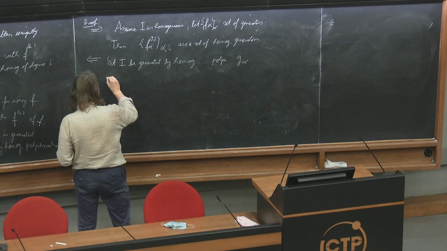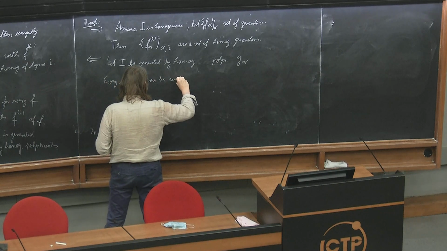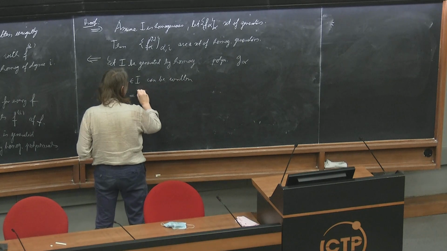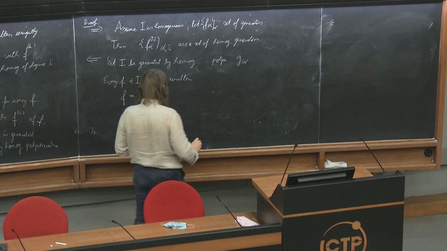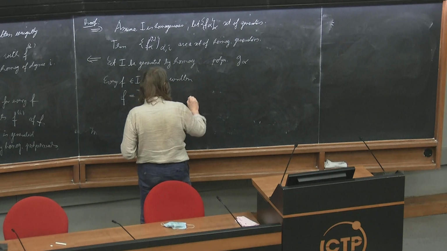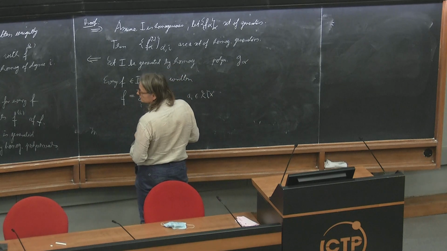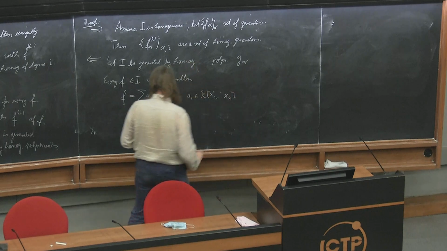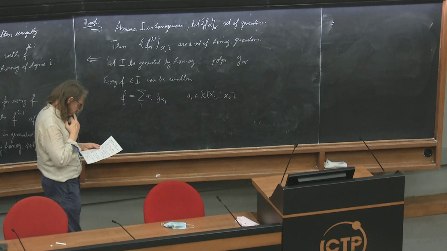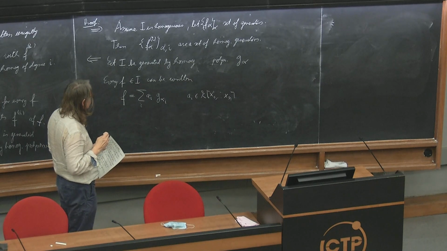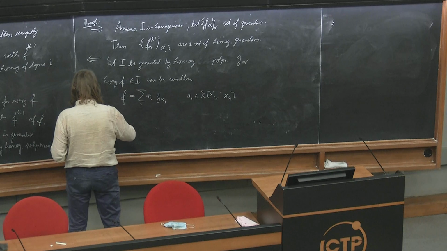So every f in I can be written as f equals the sum of ai times g alpha i, a finite sum, where the ai are some polynomials in k[x0,...,xn]. Now, these g alpha i are homogeneous.